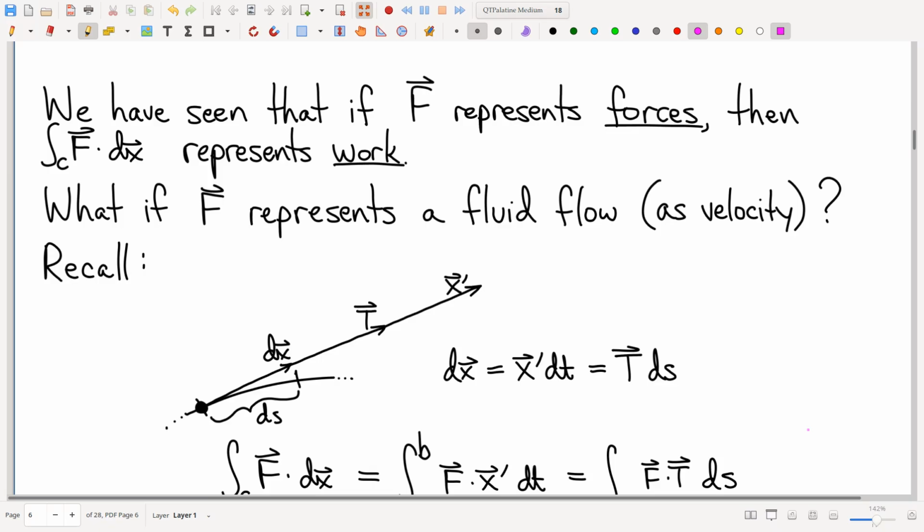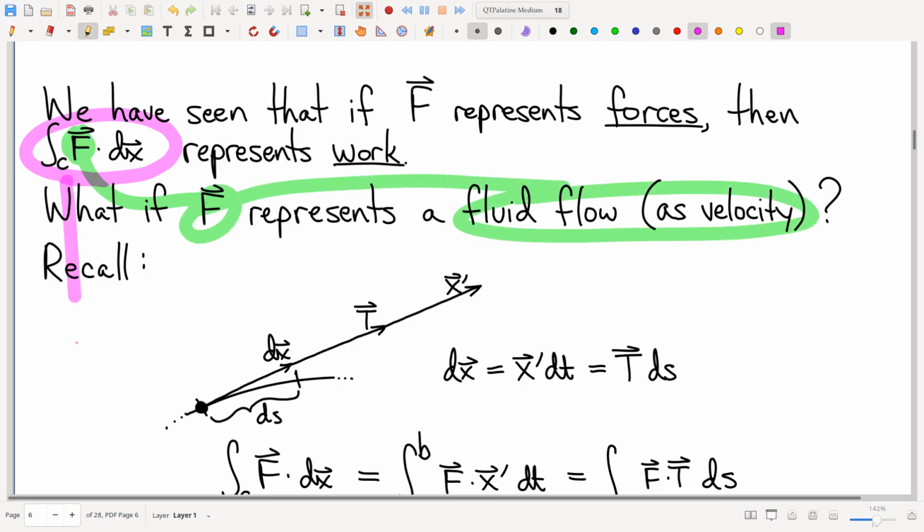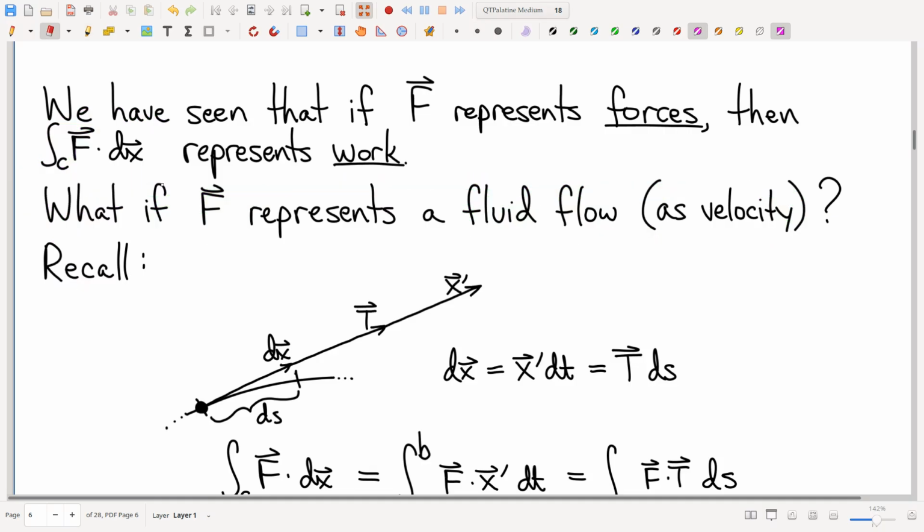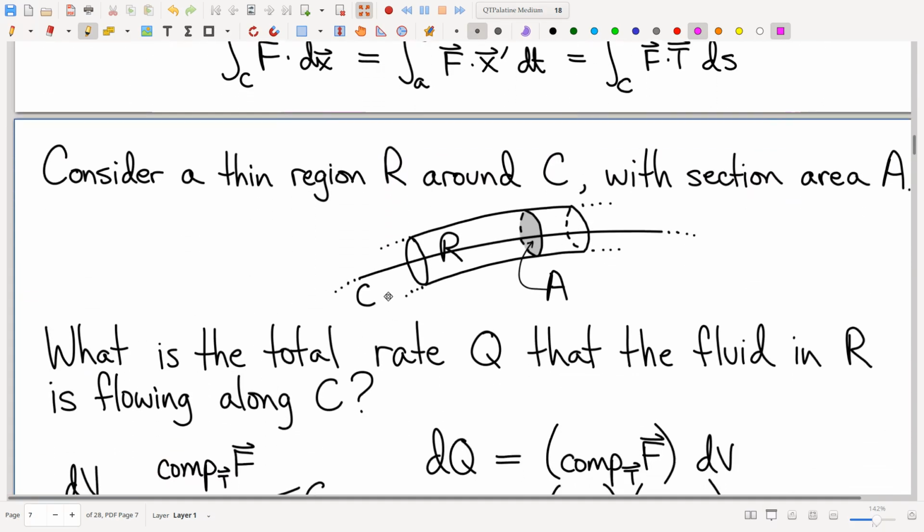I'm sad to report that when the vector field represents a fluid flow, this is not something we probably have any previous experience with, and it doesn't really have a name, at least not in general. The answer is that this represents the answer to another question. So I prepare you in advance for the disappointment that's about to follow, which is natural in the circumstance.